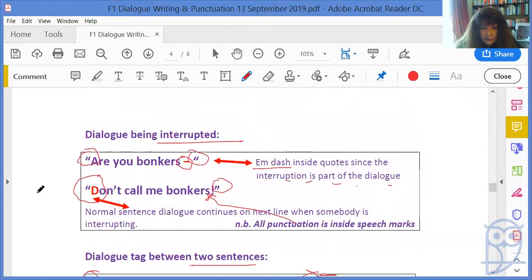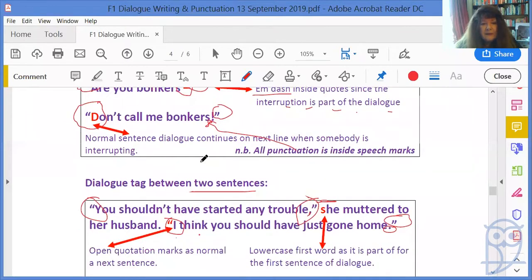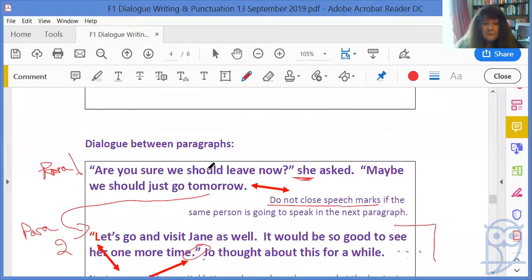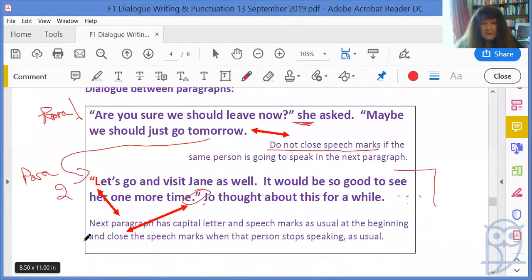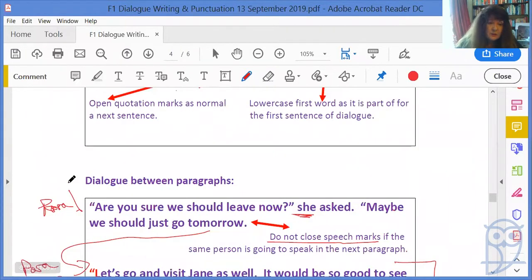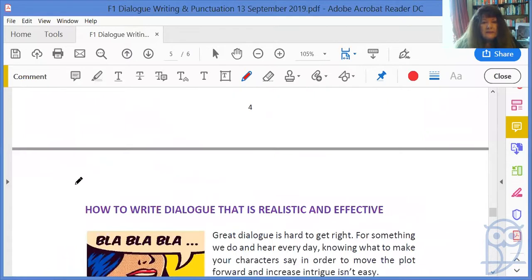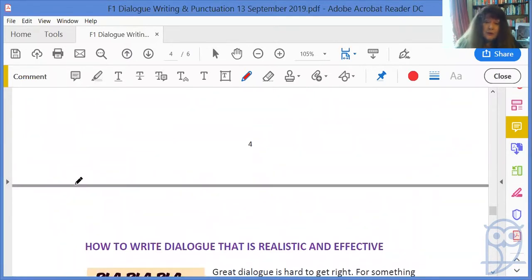Interrupted dialogue, one M dash, close your inverted commas. Dialogue tag between two sentences. Dialogue between paragraphs. And basically, you don't need to do much more than that. This is what you're going to use very, very seldom if it's between paragraphs, unless you're writing a very long story. Okay. Right, if you know all that, you cannot go wrong.